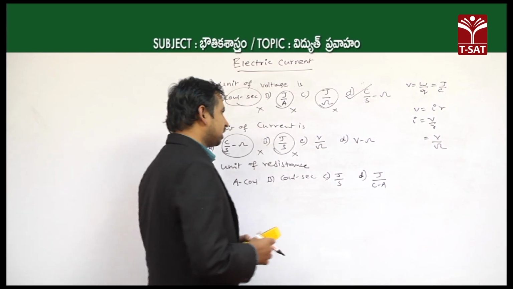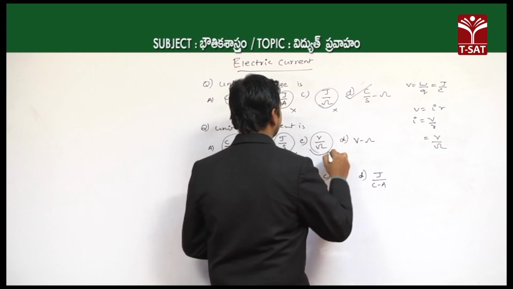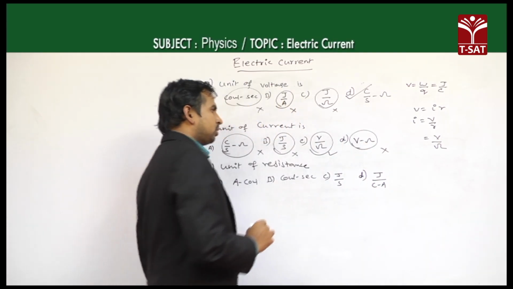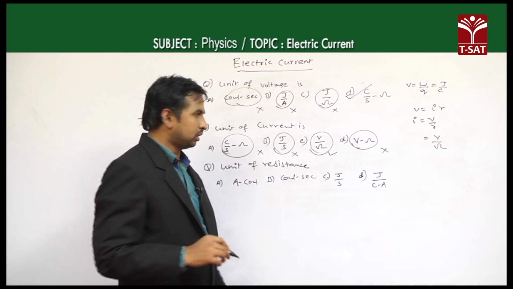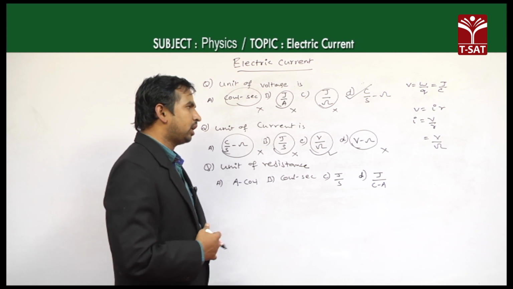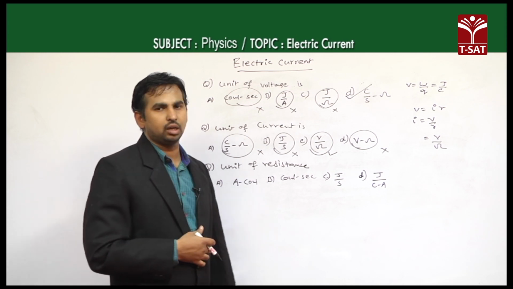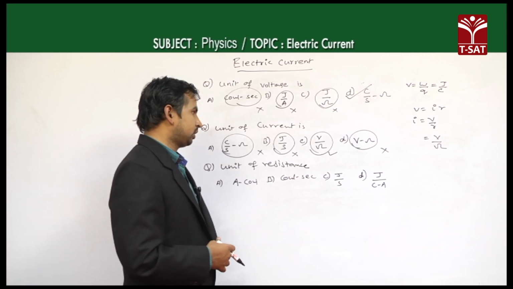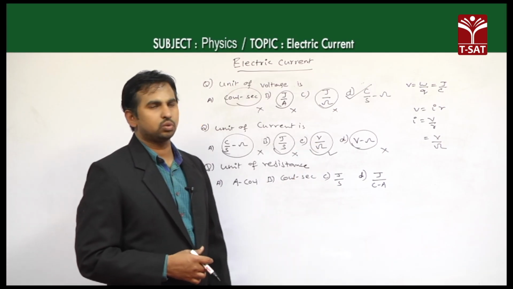That is why option C is correct, whereas volt ampere and volt ohm are wrong. Only volt per ohm is correct, because from V = IR we got I = V/R, where V is the voltage and the resistance is in ohms.